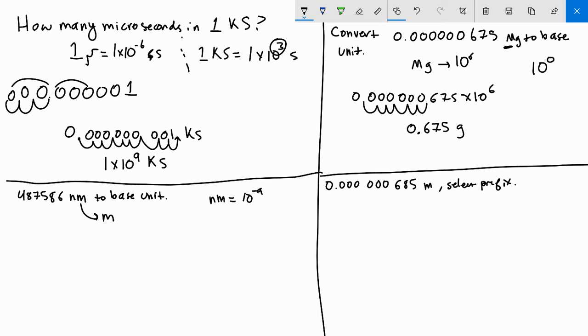So let's write that out totally. 4, 8, 7, 5, 8, 6. But then I got to move it over 9 times. Let's see. How do I want to do this?